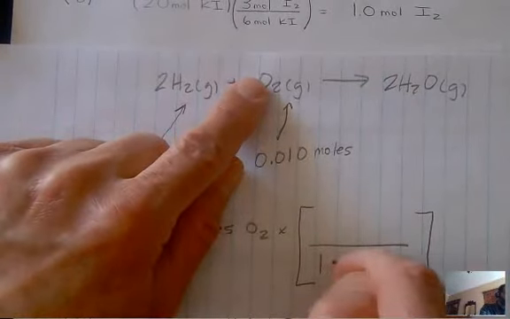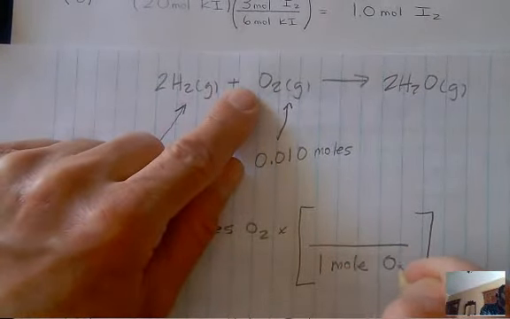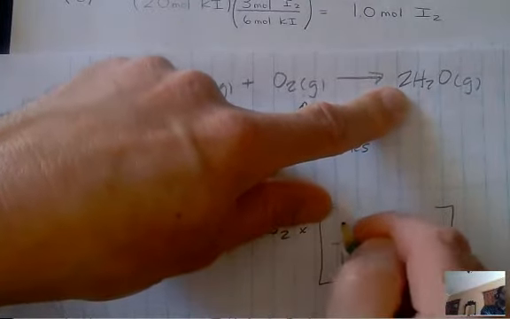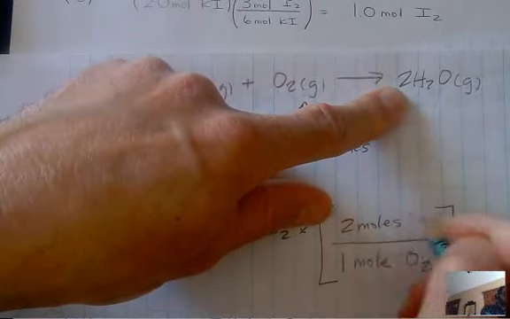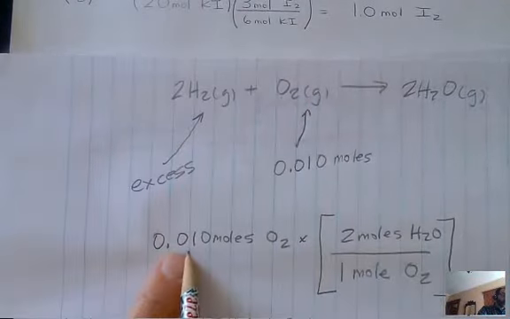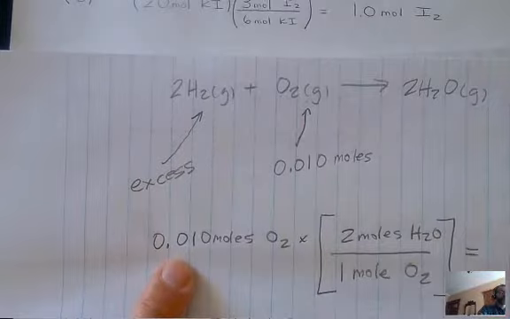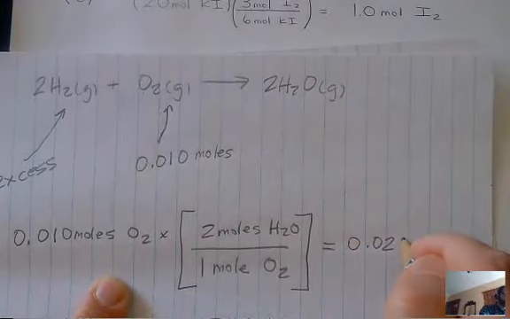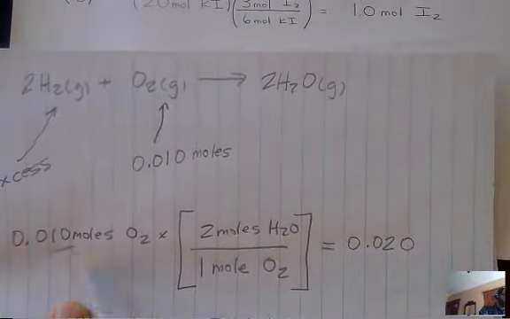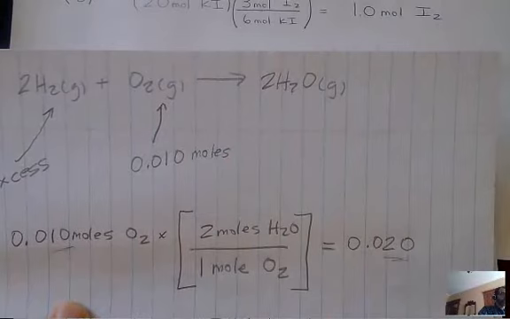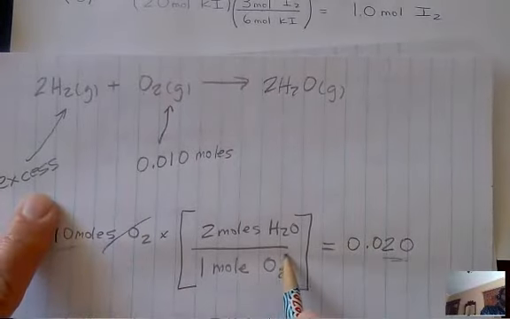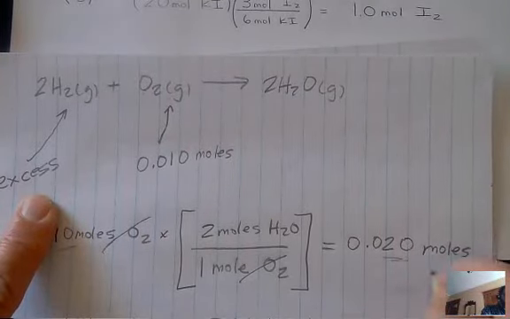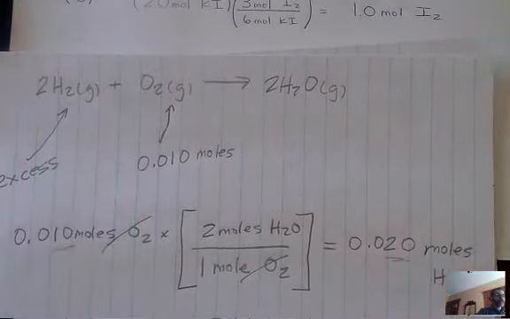For every 1 mole of oxygen that goes in, 2 moles of water come out. 0.01 times 2 is going to give you 0.02. Two significant digits. Remember, these zeros in the front don't count. Goodbye moles of oxygen, hello moles of water. So this is going to be in moles of water. That's the first step.